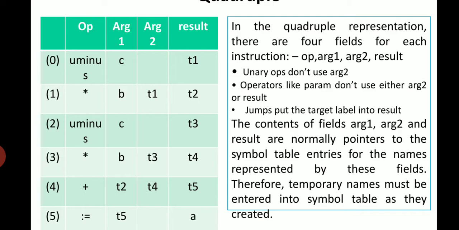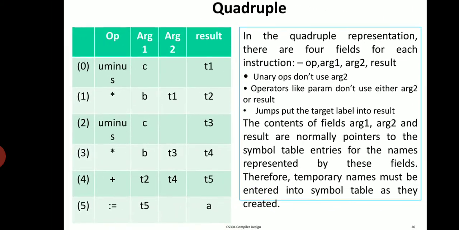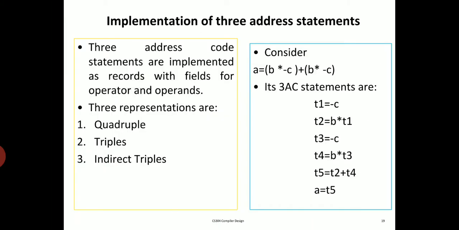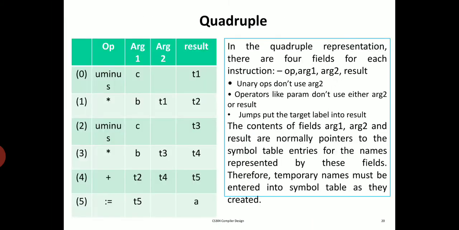Again, T2 = b * T1. That is the second statement, so the op will be star, then b, then T1, and the result will be stored in T2. Again, the next statement is unary minus c with result T3, then star b, T3, T4.